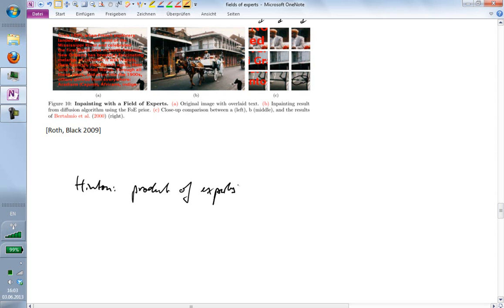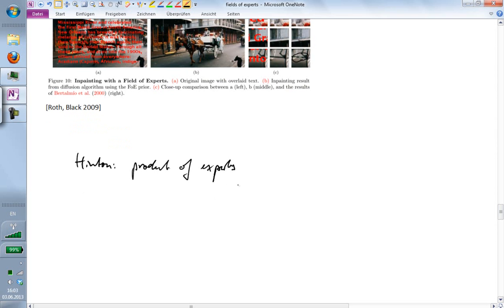So, for example, this is not exactly what he did, but I could define a simple distribution being one which has parallel contour lines.